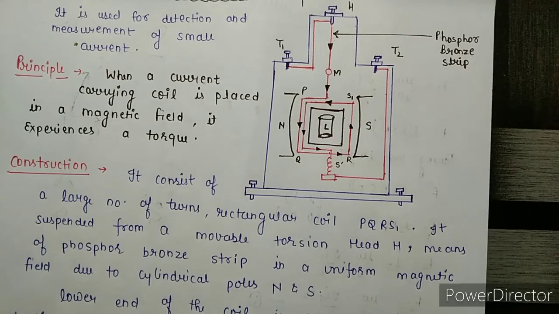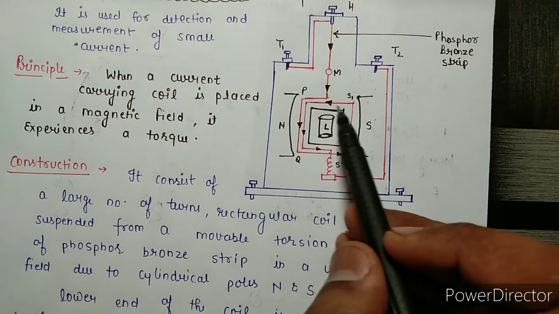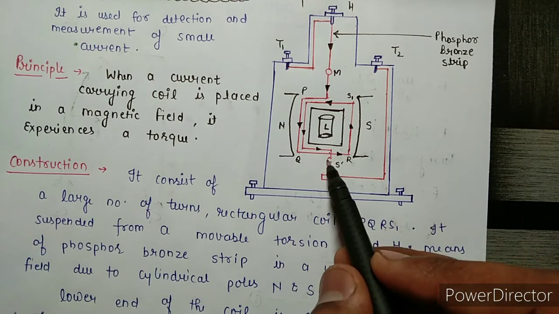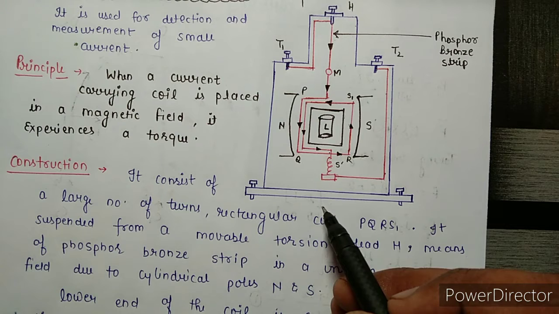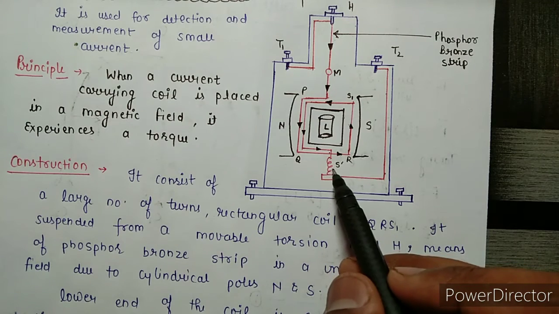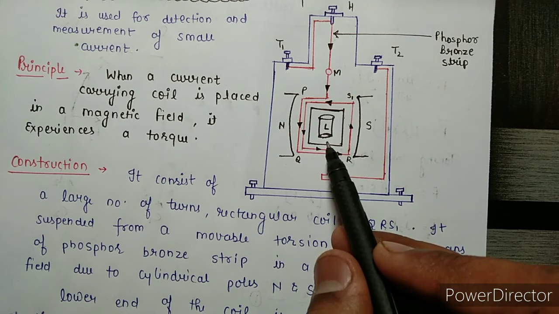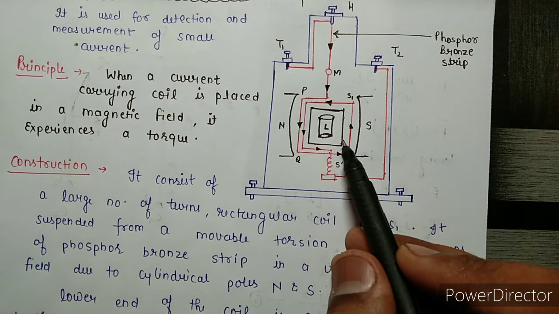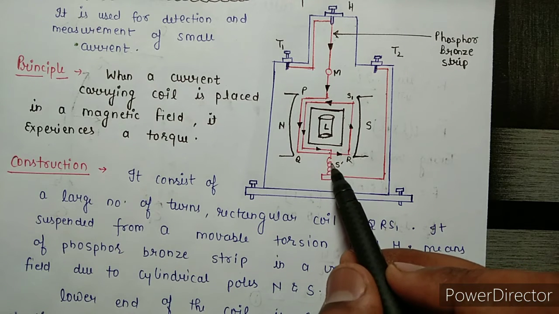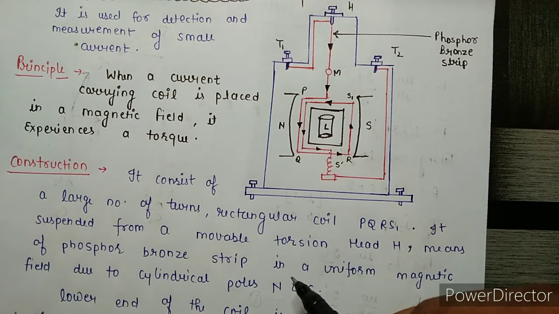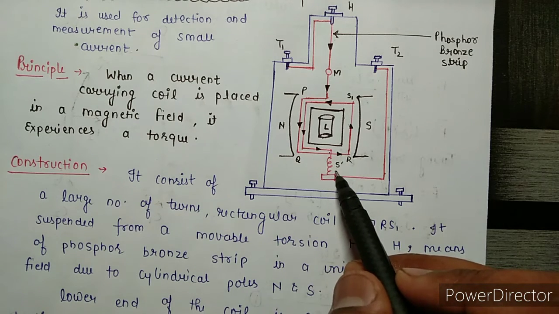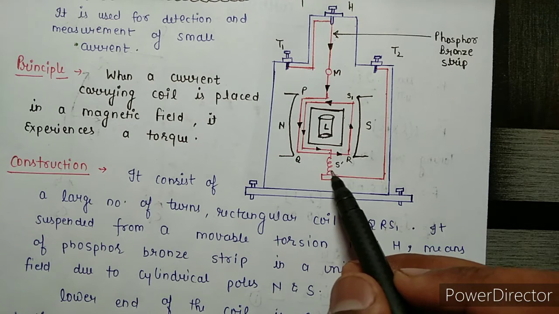But as the rectangular coil rotates, a spring also gets twisted, and this spring brings the rectangular coil back to its original position. Means the torque due to the twisting of this spring is called restoring torque.